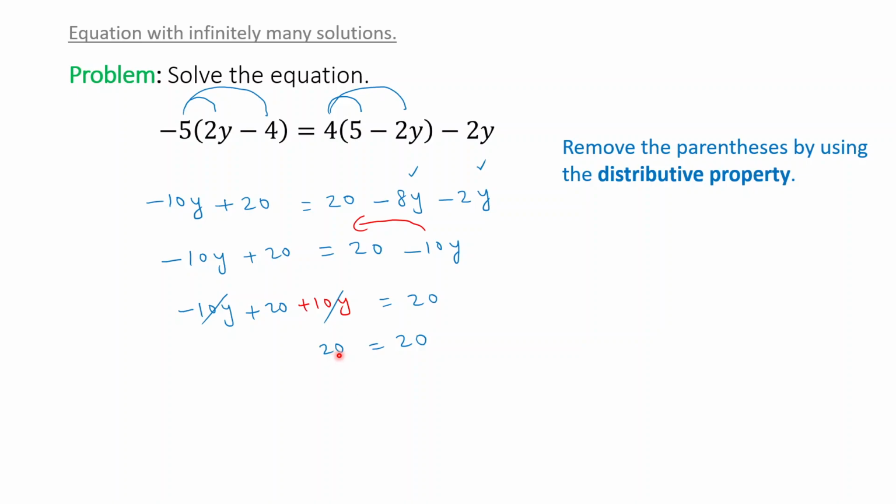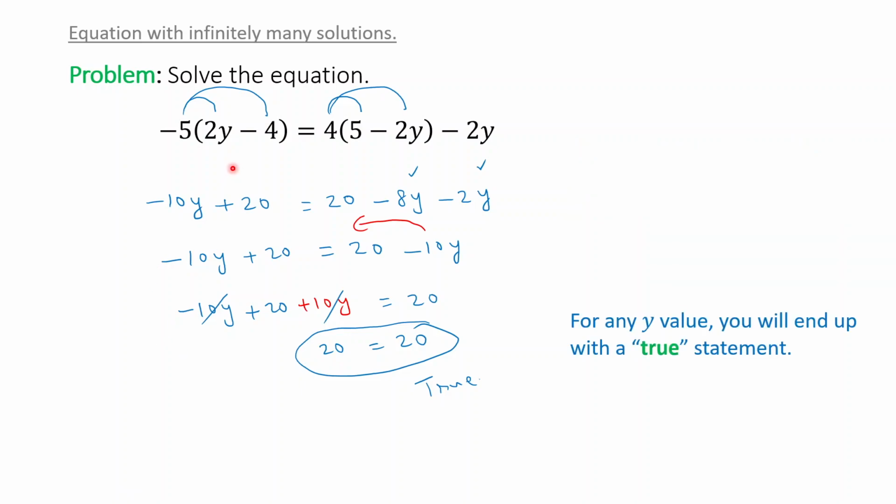You see here, there is no variable here, only a number here, another number here. These two numbers are the same, 20, 20. This is true. So, if you substitute any value for y in this equation, you will get this.